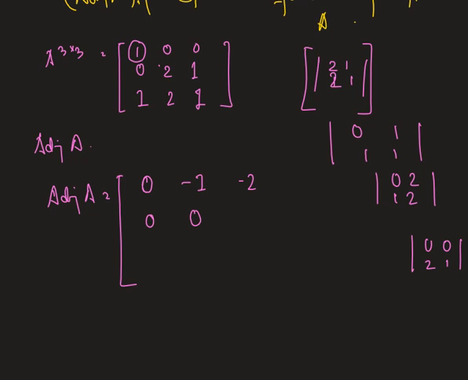And for the element 1, we have a cofactor which is 1 0 1 2, and it is going to be 2. Now in the last row of this matrix A, the cofactor corresponding to 1 is going to be 0. The cofactor corresponding to 2 is also going to be 0 here. And for the value 1, we have a cofactor which is equal to 2.